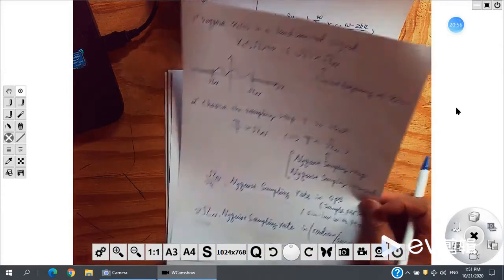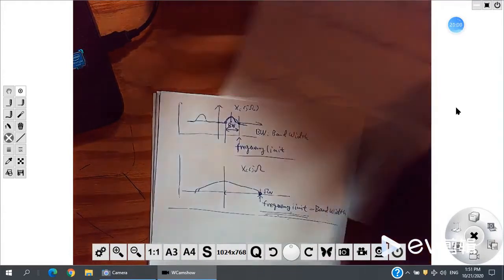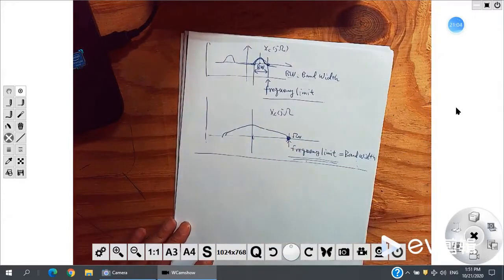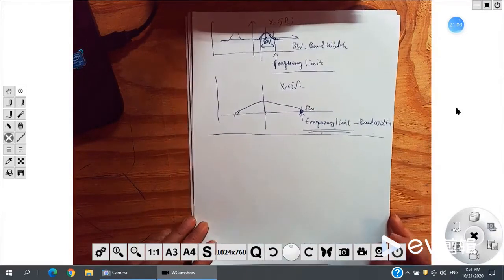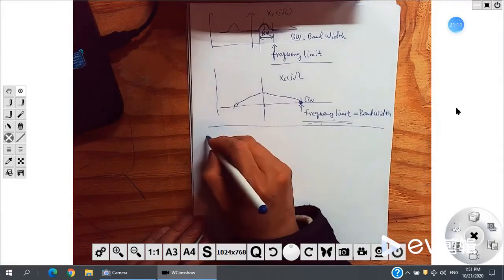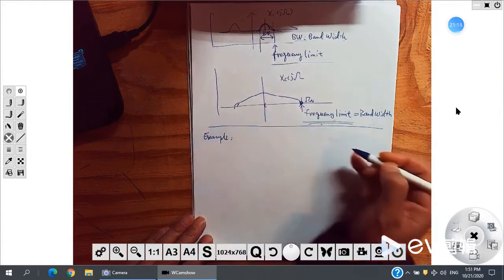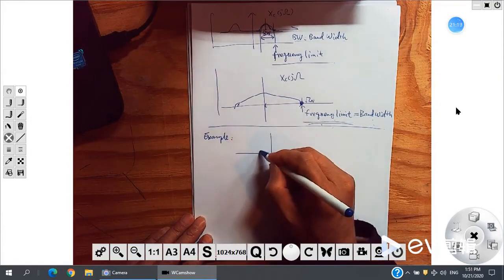Now we can see some more examples of how to graph the Fourier transform after you take samples. Consider this example.